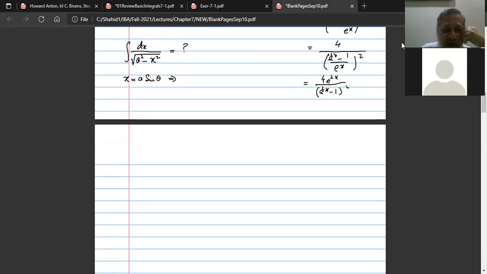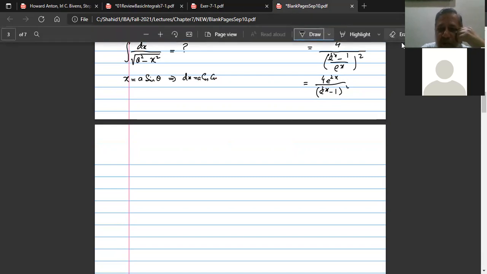That gives me dx is equal to a cos theta d theta, the derivative of sine theta being cos theta, and the differential of theta, d theta. Have you done substitutions of this type before?